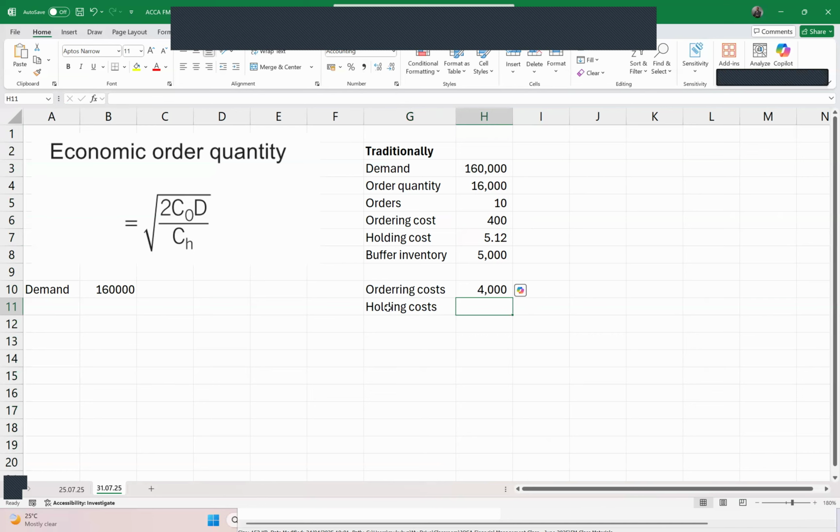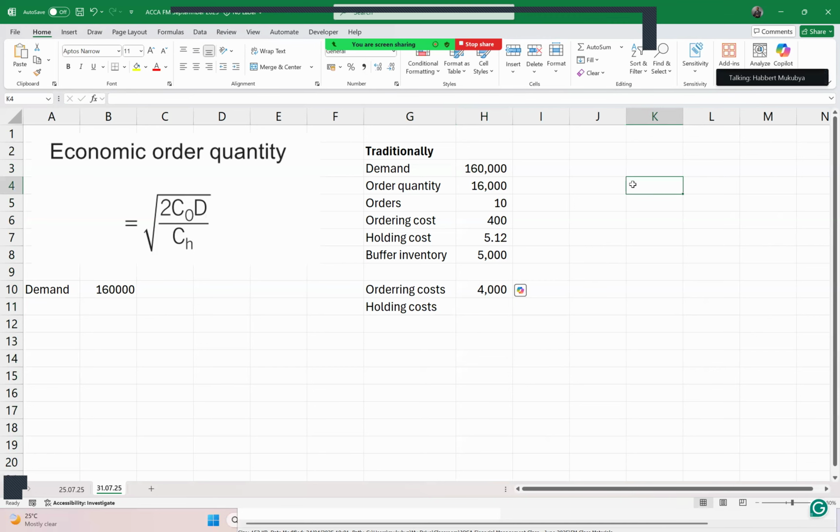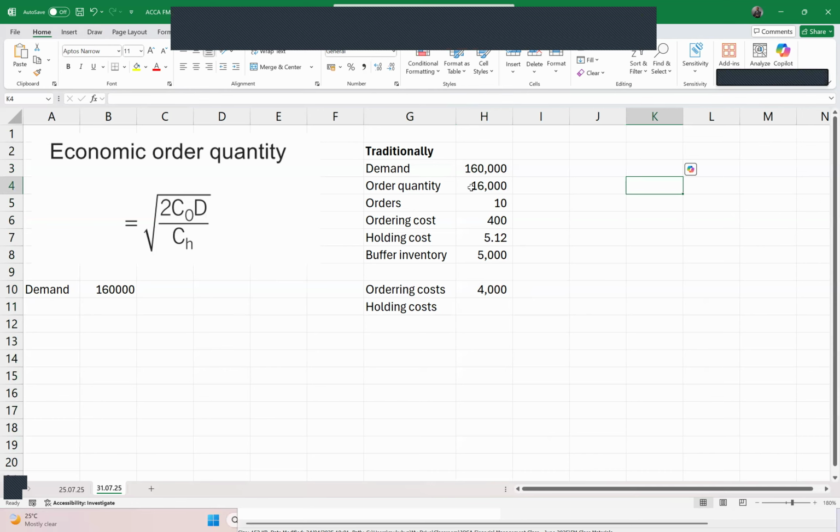Now, remember that for holding costs, we have 5.12 per unit per year. But how many units are you going to have? So now you need to determine it like this. Because you order, you start, you have the units held.